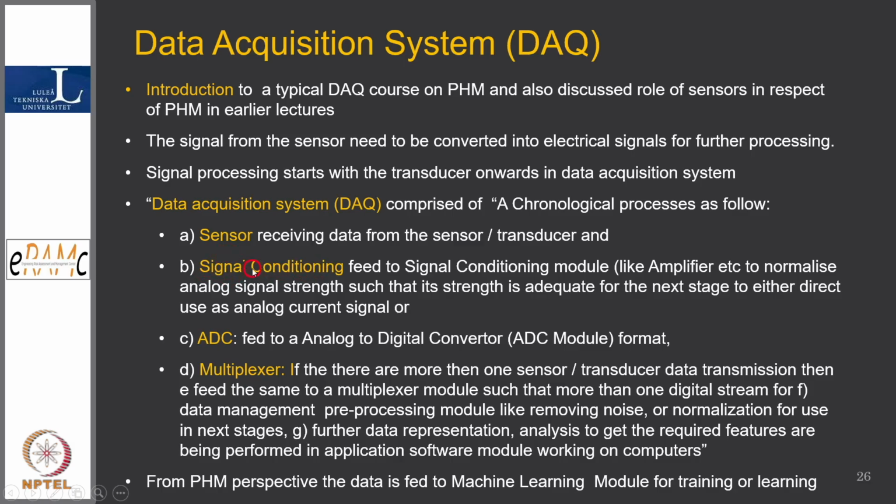In fact, often software is also used for signal conditioning. Signal conditioning has been almost like a 3-decade old system, but sometimes we call it an amplifier, if you are amplifying the signal, or normalizer also.